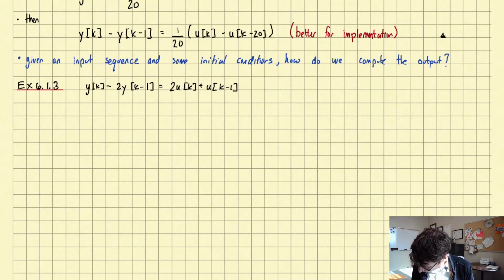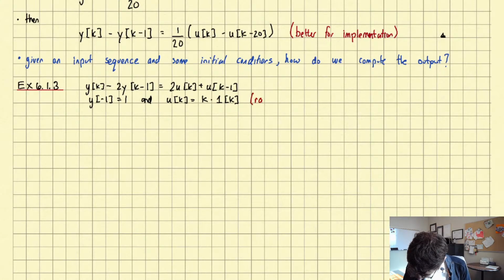And let's say we know that y of negative 1 equals 1, and u of k is the ramp. So if I give you that information and I ask you, what's the output of this system?